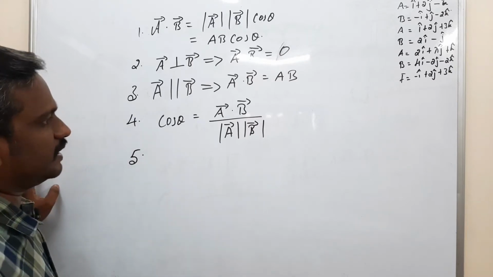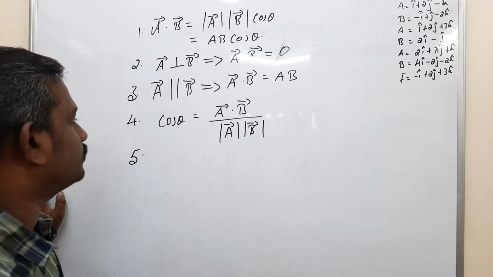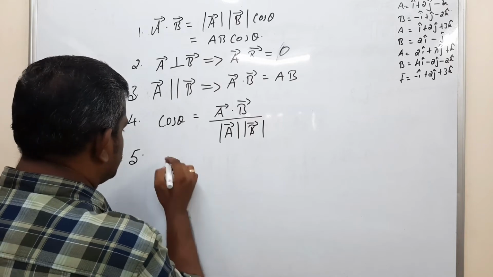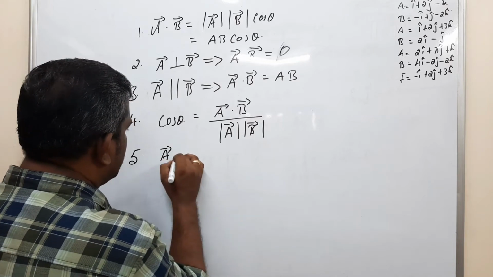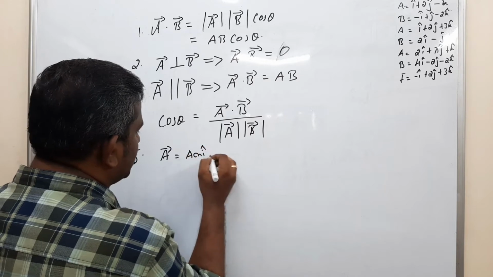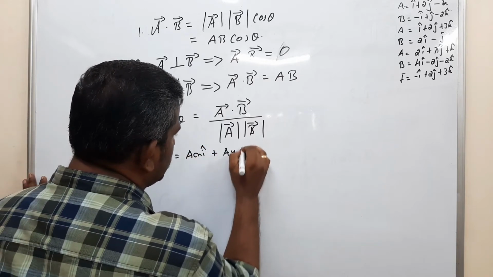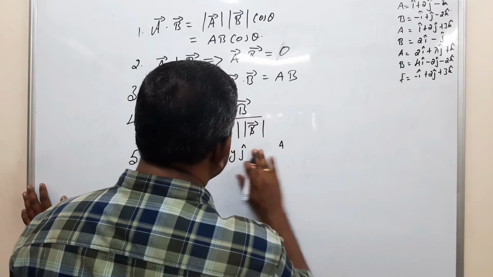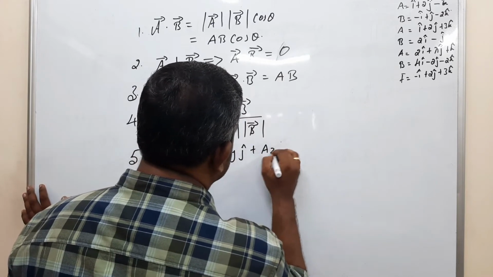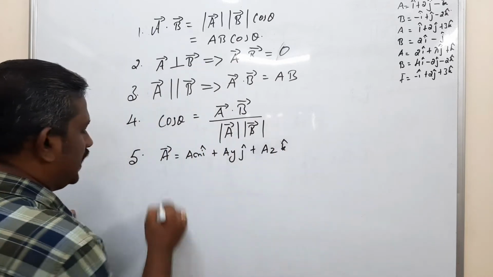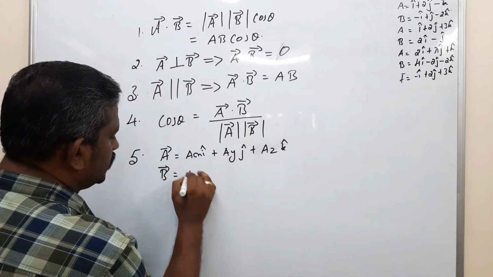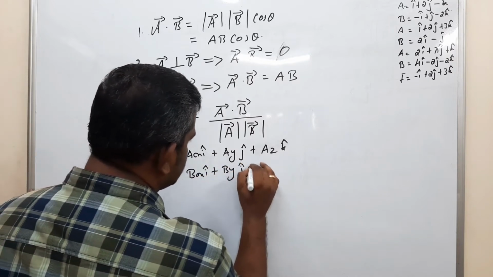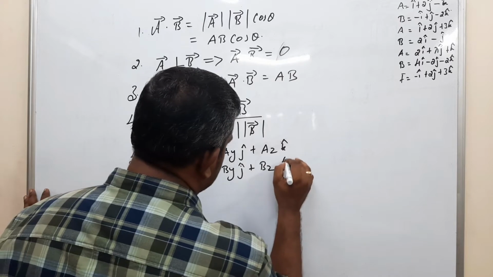If the two vectors are represented in rectangular component form, suppose A vector is equal to Ax i cap plus Ay j cap plus Az k cap, and similarly B vector is equal to Bx i cap plus By j cap plus Bz k cap.